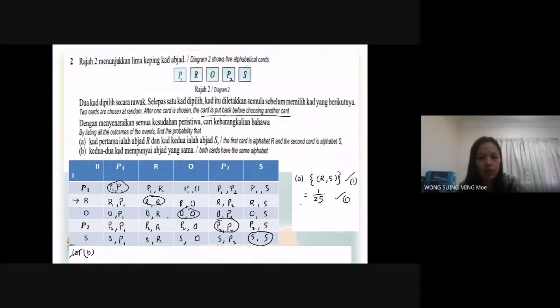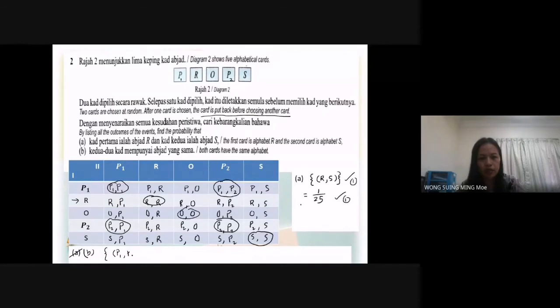The same alphabet here. From here, we still can find P1, P2, right? Same alphabet. Any other? P2, P1. Need all together. 1, 2, 3, 4, 5, 6, 7. Right. We have 7 possible outcomes.